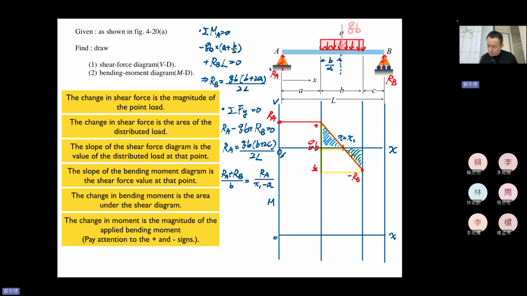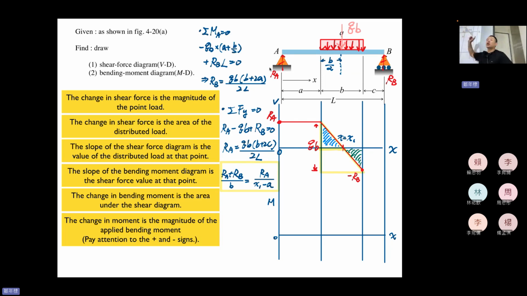X1 should be this, okay? So be careful. X1 minus A will be this one, okay? Let me draw it like that.